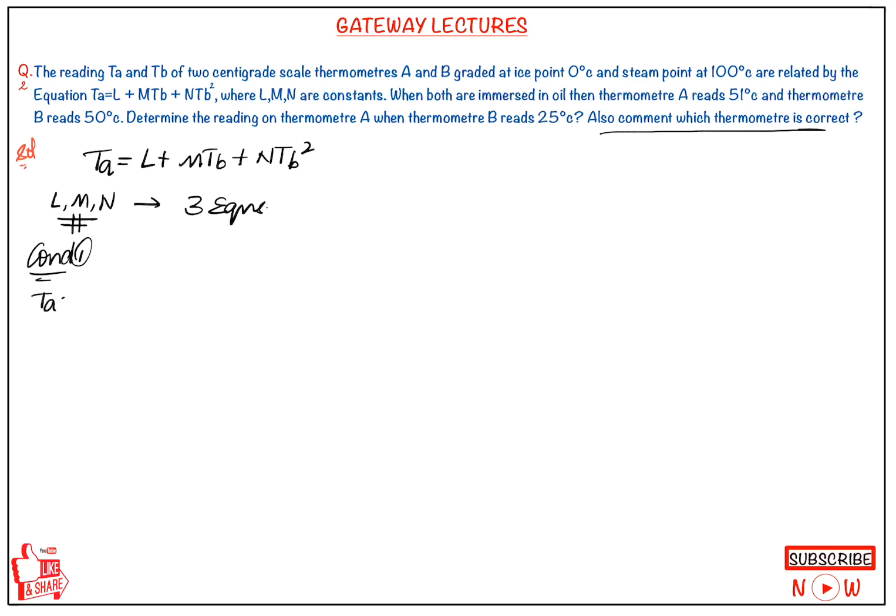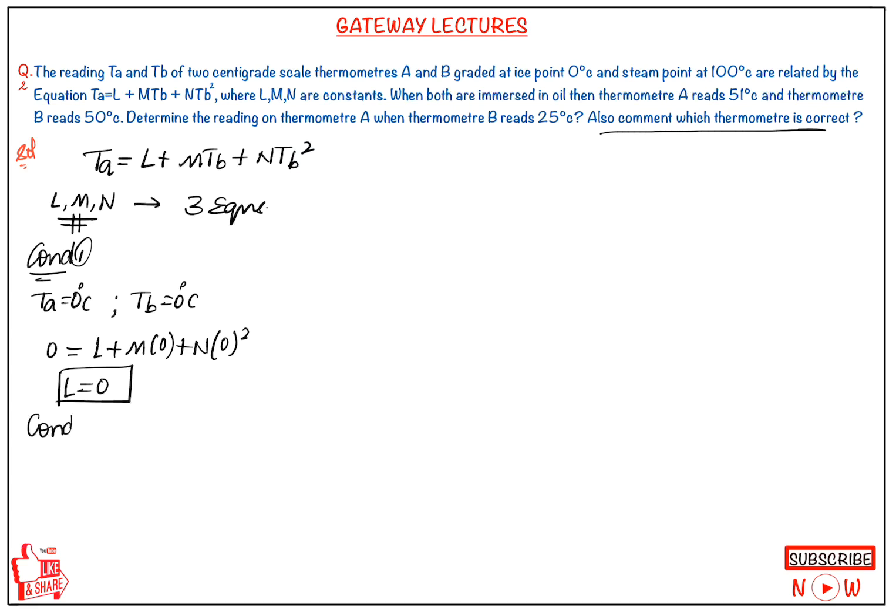So when TA reads 0 degrees centigrade, TB also reads 0 degrees centigrade. From that, substituting TA and TB in the equation, 0 is equal to L plus M into 0 plus N into 0 square. From that we get the value of L as 0. So one constant was solved.